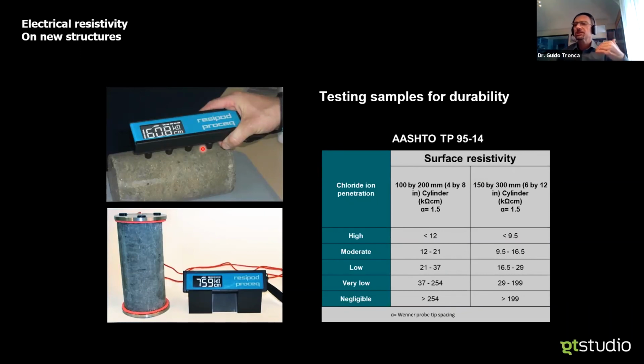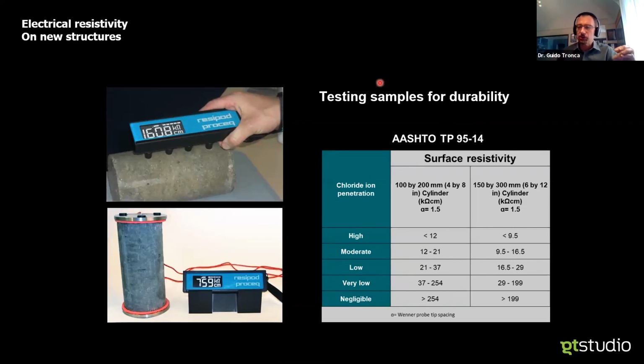The market was led by AASHTO, the American standard, ASTM followed, and a European standard is being worked on. So be prepared, guys. This will be something that whoever deals with testing, even lab testing of materials, will have to take into consideration.